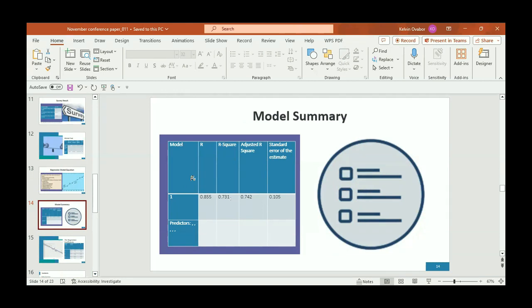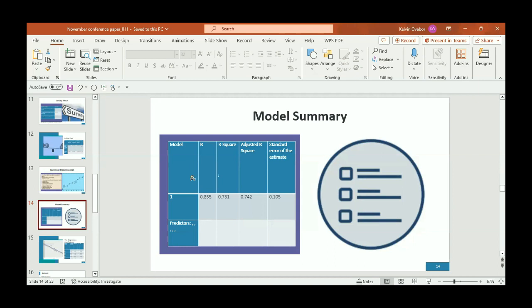We know that the adjusted R square is used as a measure of the proportion of variance which is explained by the predictor variable in the regression model, which we can see from this place, which is 74.2% or 0.742 as the case may be, which means that the variability in the dependent variable is accounted for by the predictor variable in the regression model.